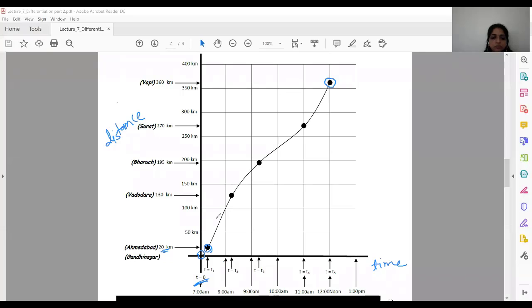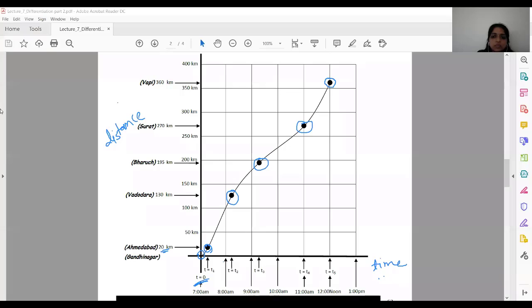In between are Vadodara, Bharuch, Surat, these are the destinations. So here, this axis indicates total covered time, and the y-axis indicates the total covered distance.